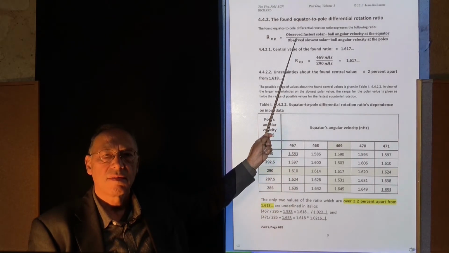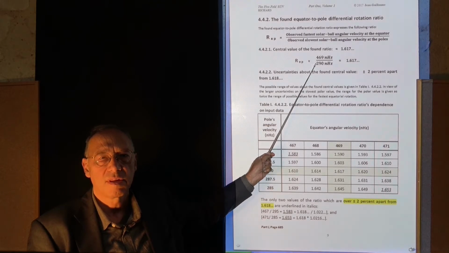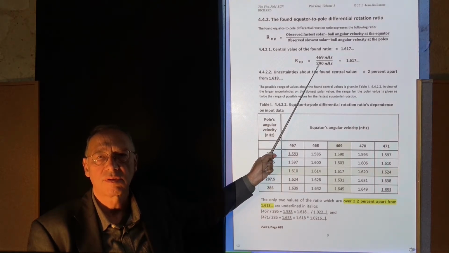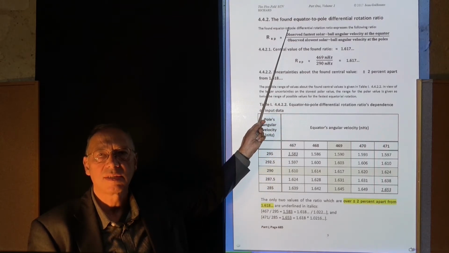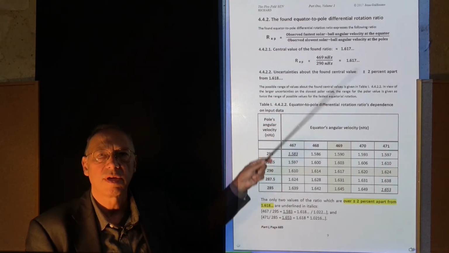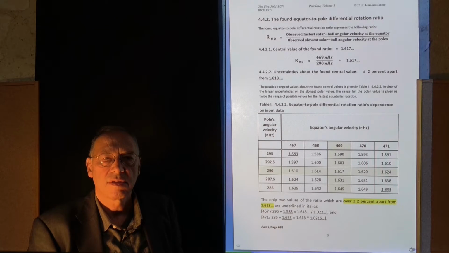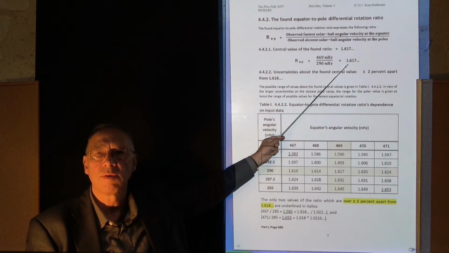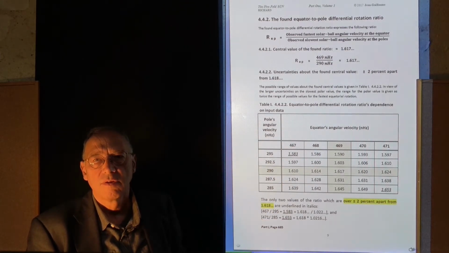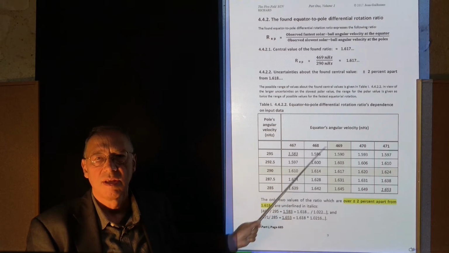Based on these numbers, 469 nanohertz for the equatorial fastest rotation, and as previously found in the polar regions about 290 nanohertz, we can now calculate a ratio which is the differential rotation ratio all the way from equator to pole in the extreme angular velocity regions, the fastest one and the slowest one, and this amounts to 1.617 or so.